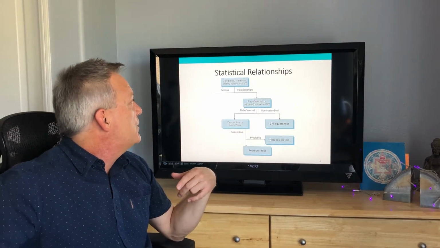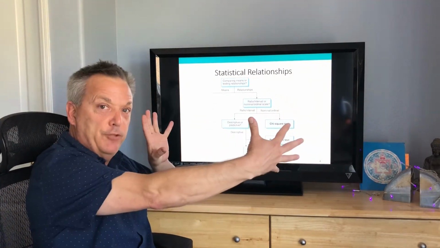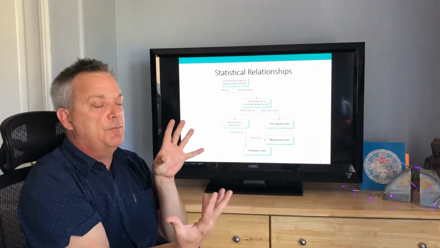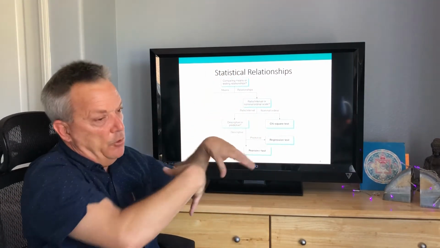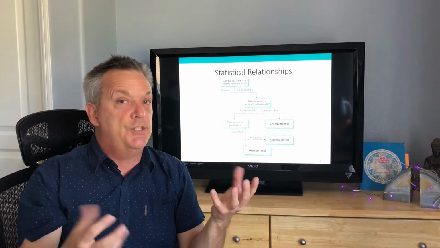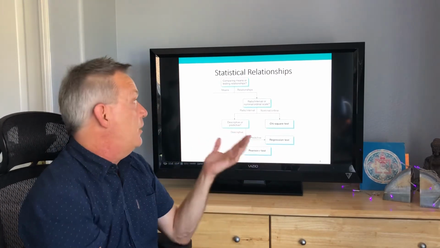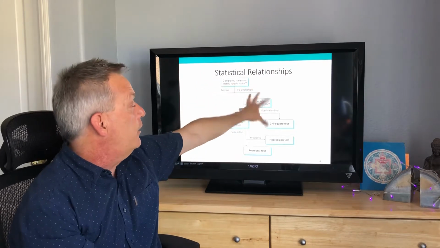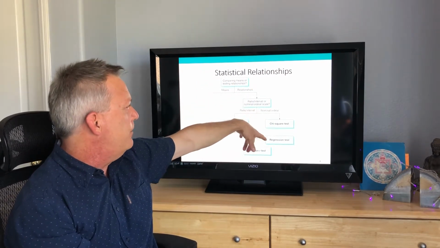Statistical relationships. So this is the breakdown of the right part of that big flow chart that was overwhelming at first, but now you're really getting it down. You know that whole left part. And remember that a lot of statistics is just realizing what statistical measure to use for what situation. Now we're starting to look at correlational studies right here, taking a look at relationships.